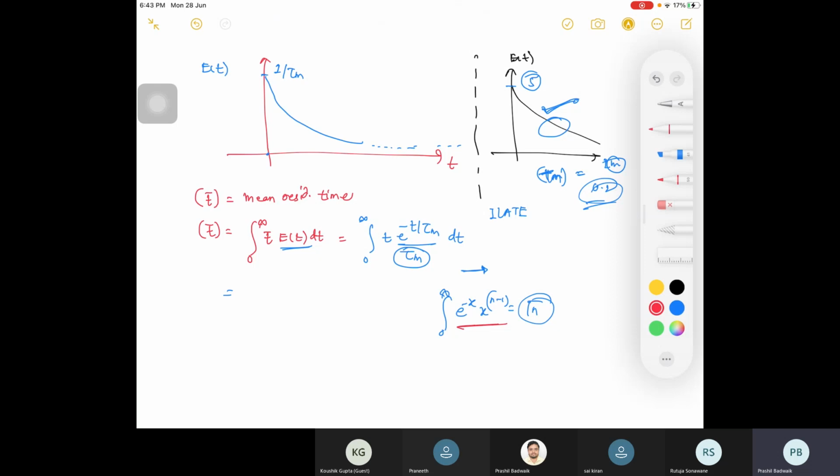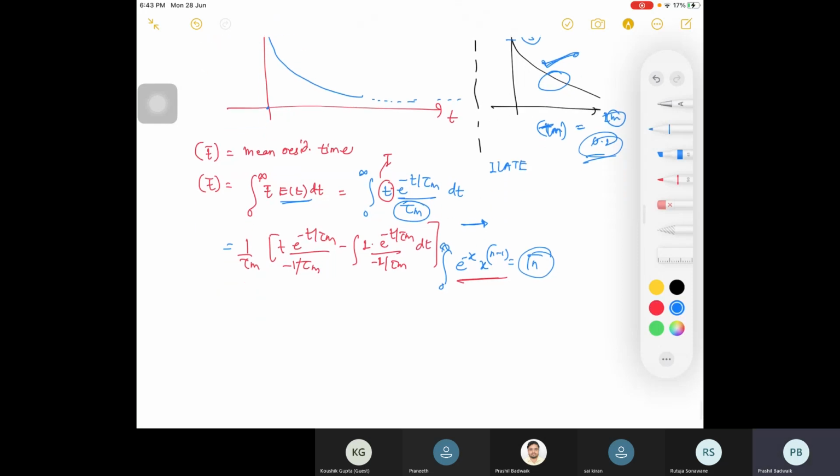So if you do it by your normal integration, it is 1 by tau m. Then if you integrate it, first function integration of second minus integration of derivative of first into integration of second. Derivative of first, t ka derivative is 1, into integration of second, into whole dt, right?